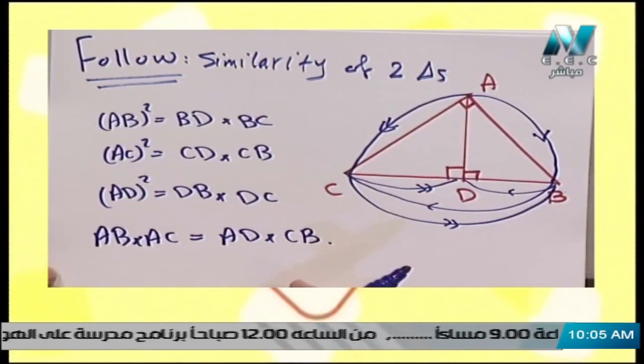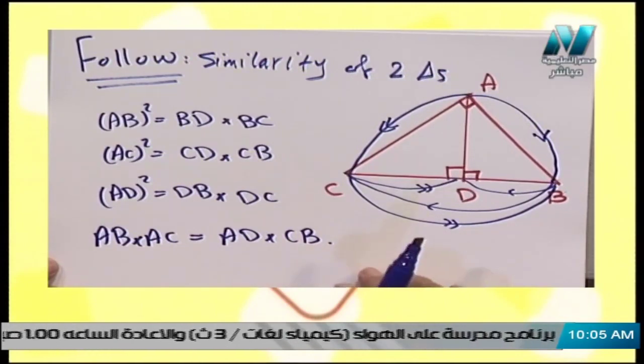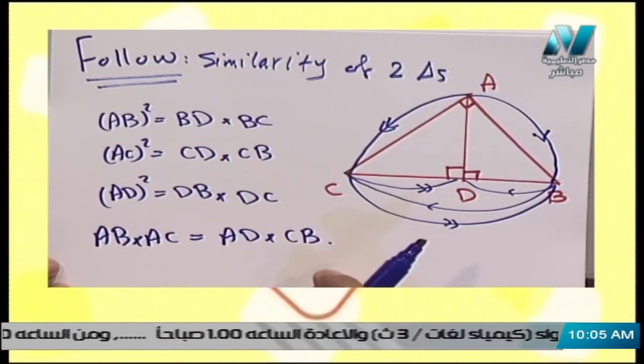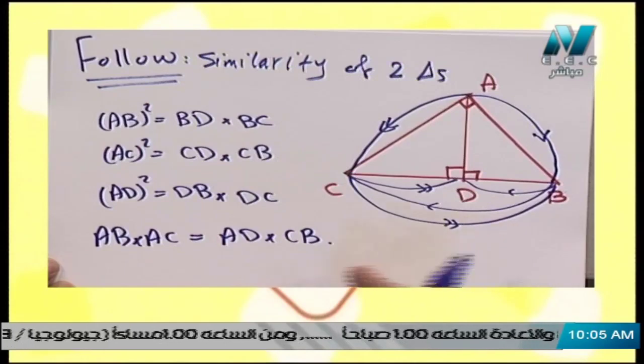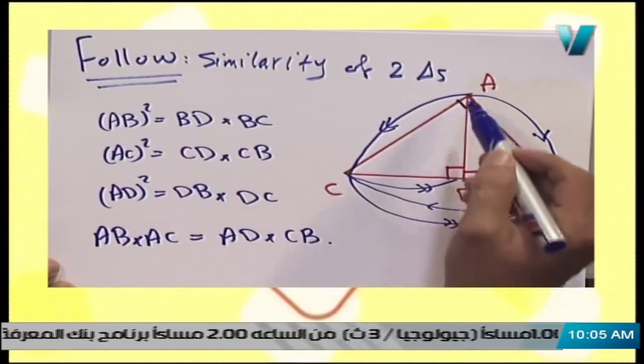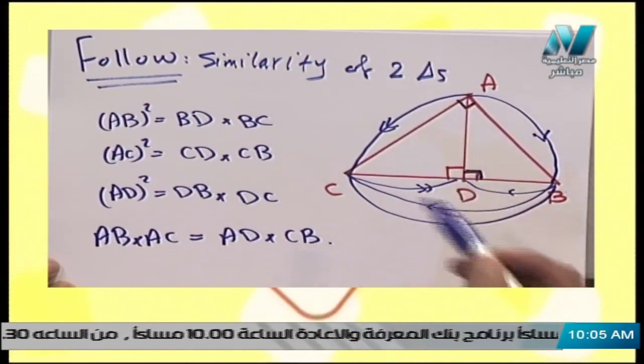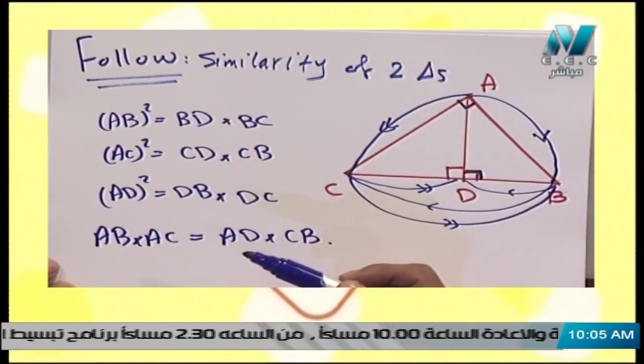We have studied these 4 rules from Euclid's theorem, but we don't know why. Why in a right angle triangle, if we draw perpendicular here, these rules will exist.